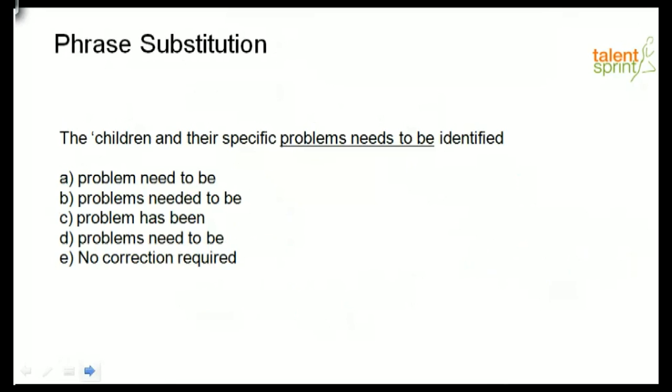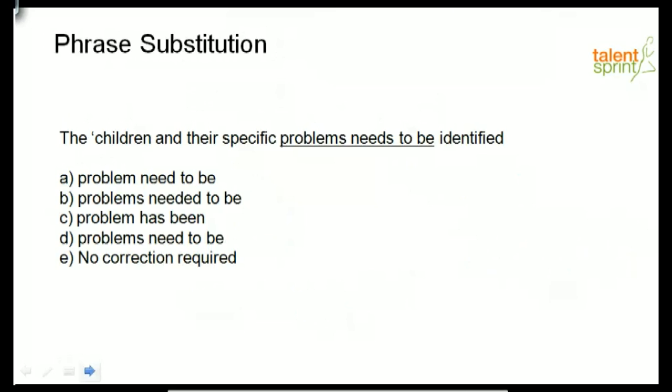The children and their specific problems needs to be identified. Problems needs to be is what is underlined. Our options are problem need to be, problems needed to be, problem has been, problems need to be.